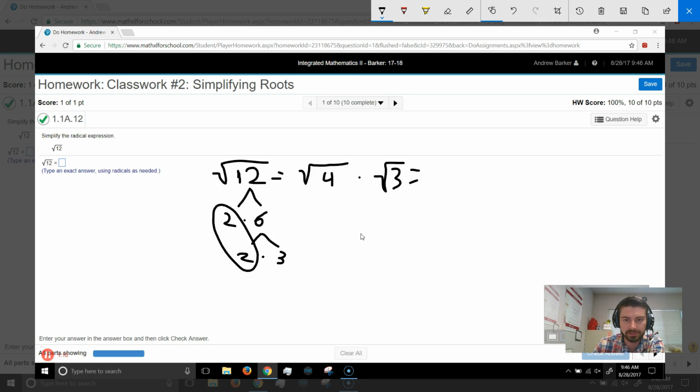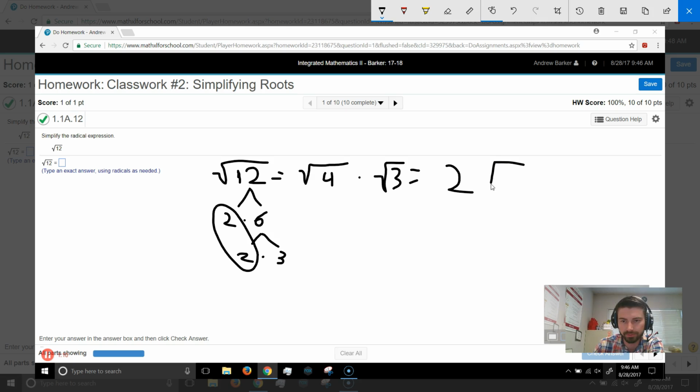We break the 4 apart from the 3 because 4 is a perfect square. The square root asks what number times itself gives you 4, and that number is 2. So the square root of 4 becomes a 2, and the 3 we leave alone.